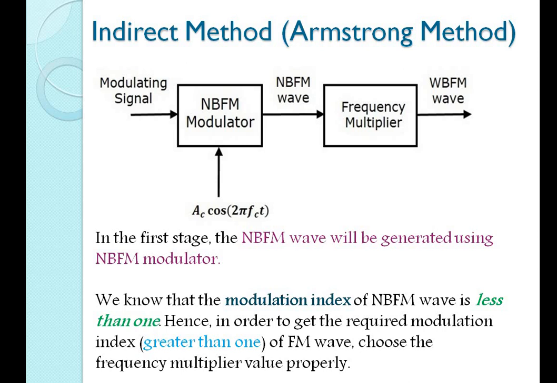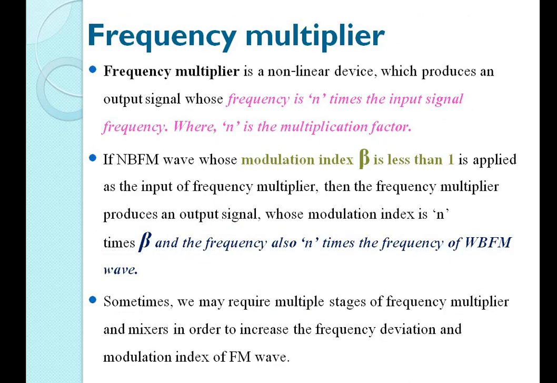The narrowband modulation index is less than 1, so we have to increase the modulation index to greater than 1. Beta should be greater than 1, so the multiplier multiplies the frequency n times that of your input frequency. That's how you get your output as wideband frequency modulation.